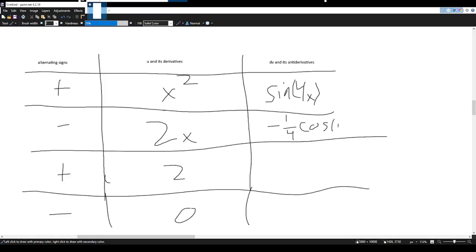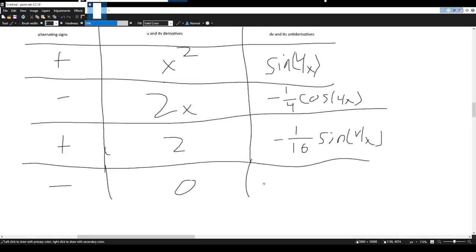You could work backwards, knowing that this is going to become a coefficient on the outside, and of course it has to cancel out. And of course it's going to flip signs as well. And then this is negative 1/16 sine 4x, and this is 1 over 64 cosine 4x.